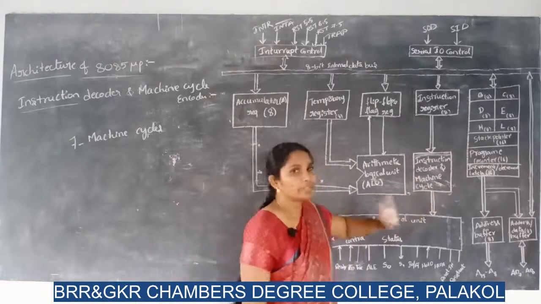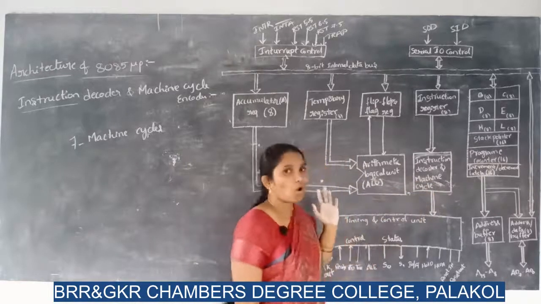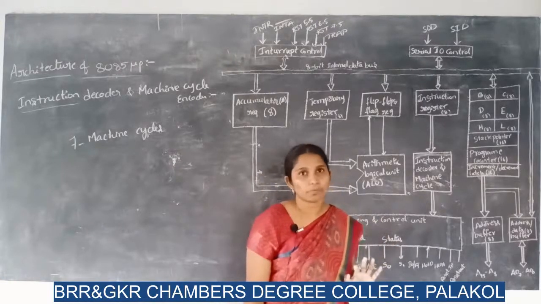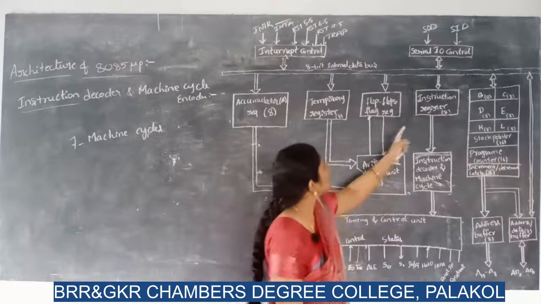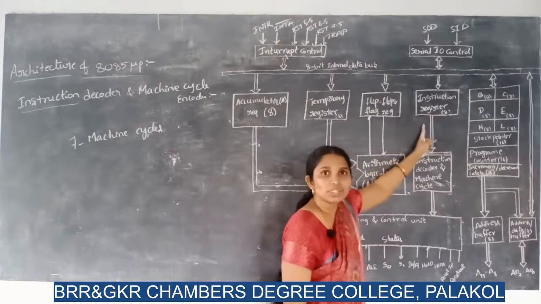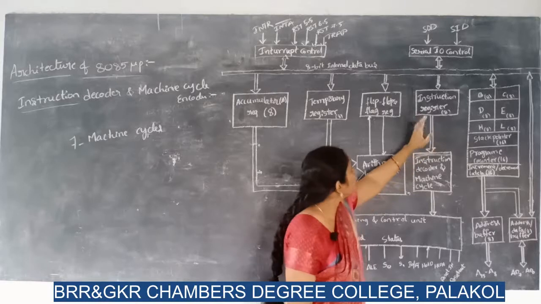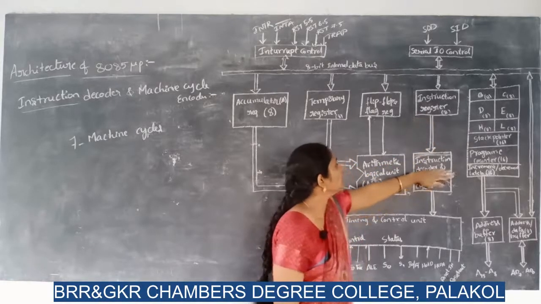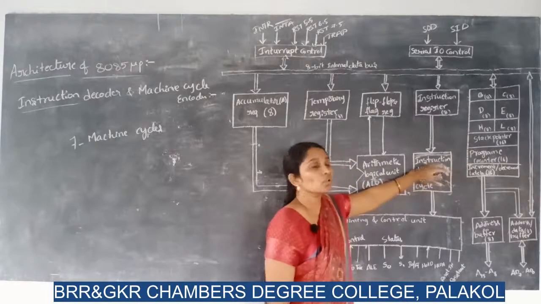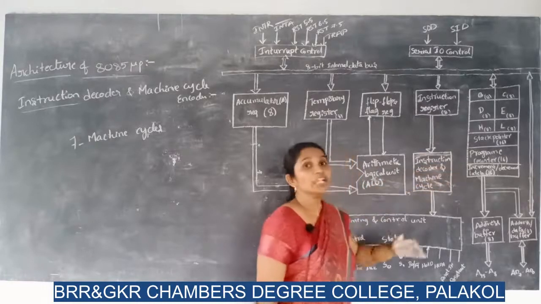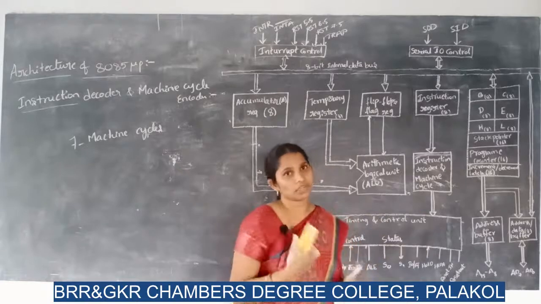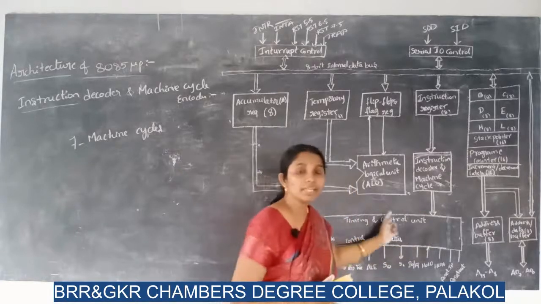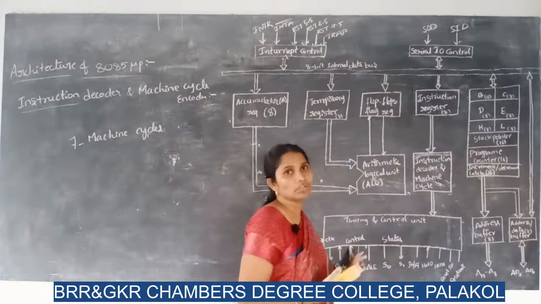So here one thing you have to remember: after the instruction is fetched from the memory by the microprocessor, that instruction is stored in this instruction register. This instruction register gives the instructions to this instruction decoder. So this instruction decoder will decode that instruction depending upon what instructions are given by this timing and control circuit.